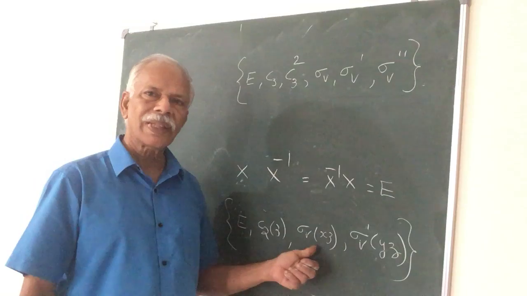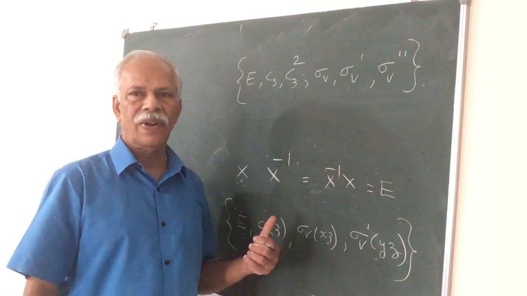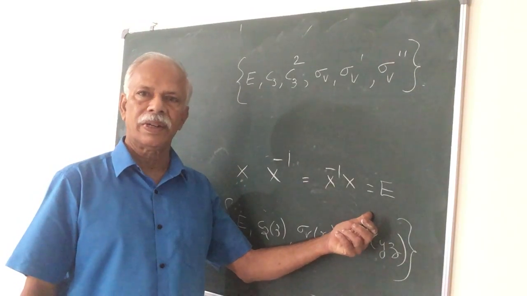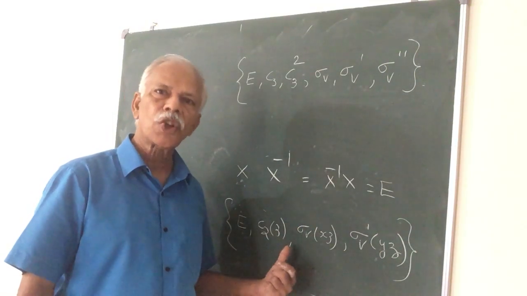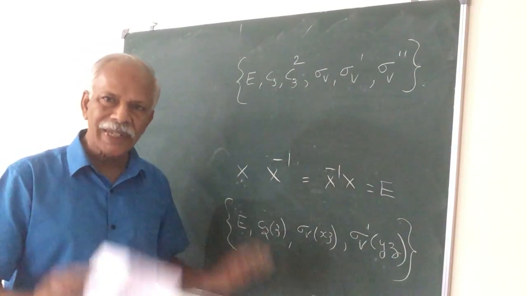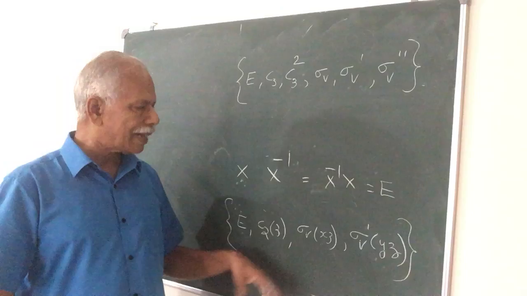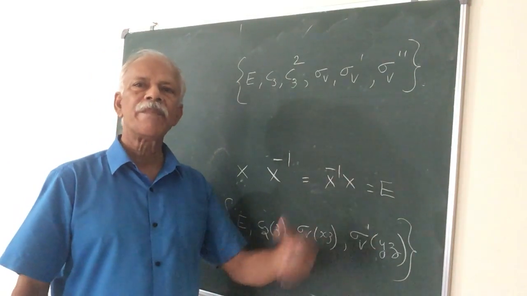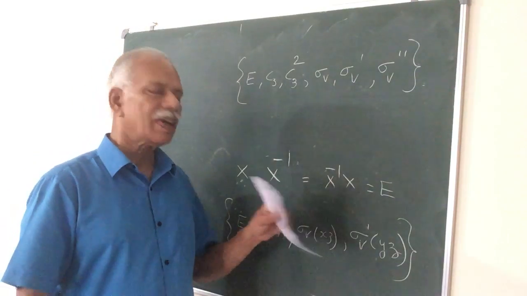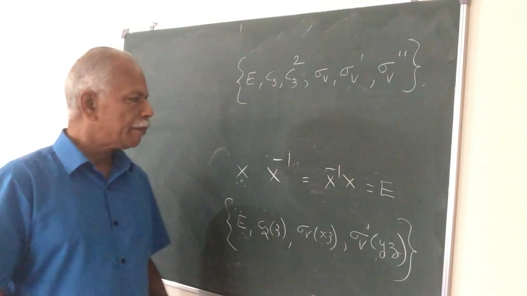Sigma v xz with sigma v xz itself, sigma v squared is identity. Sigma v dash squared is identity. So what is the inverse of each operation? The inverse of each operation is that operation itself, because when you take the square of this, you are getting identity. Then the identity property is there. The inverse property has been written.